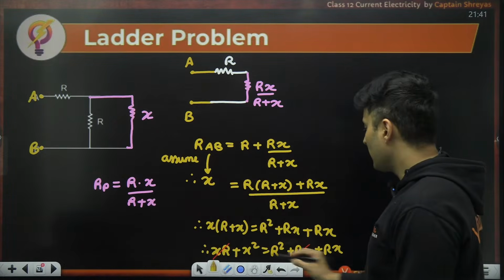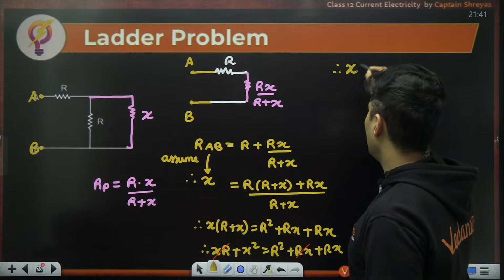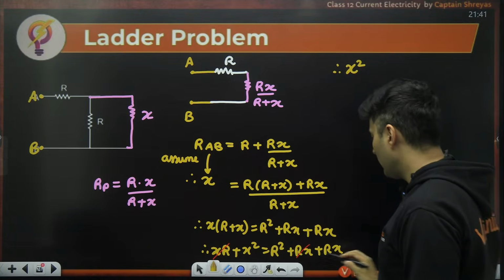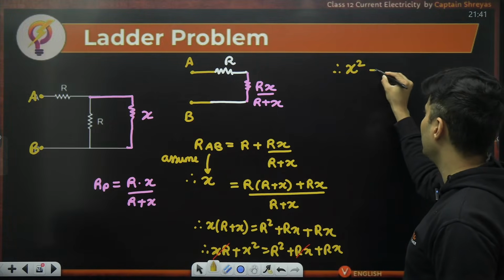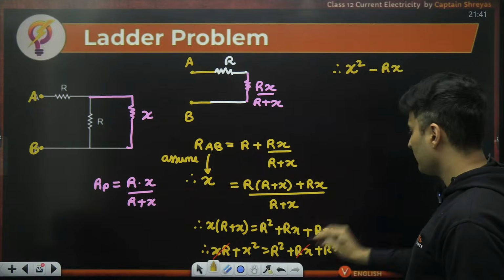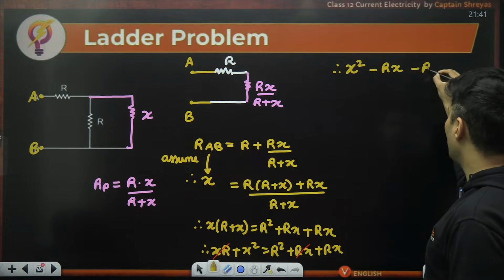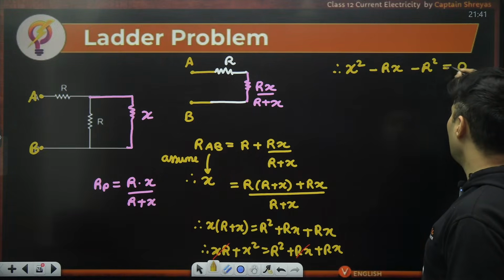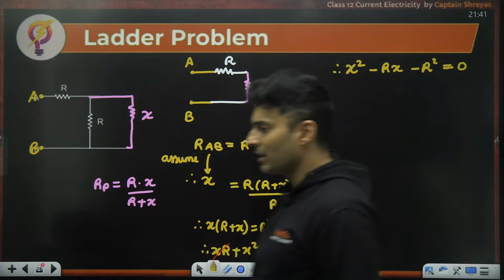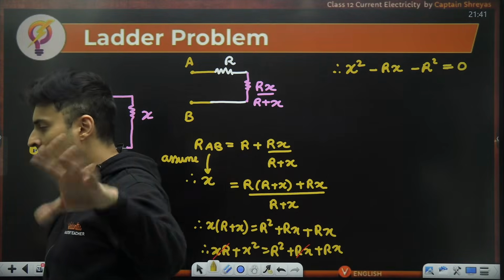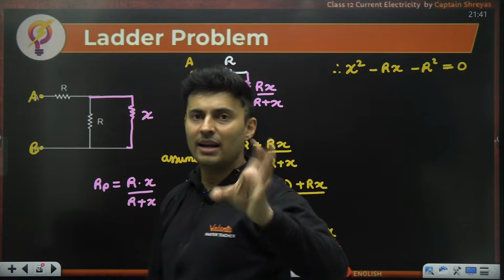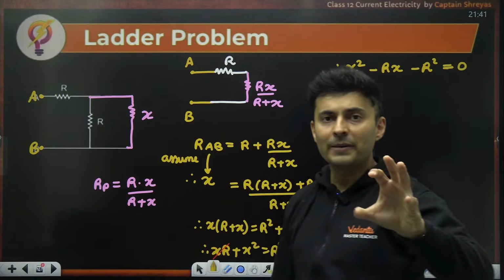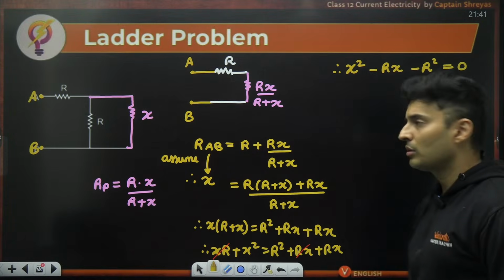So here X square is there, so it looks like a quadratic equation. X square, I keep it as it is, bring that Rx to this side, so minus Rx, and bring R square also to the other side, equal to 0. It's obviously a quadratic equation. Can you see that? Usually these infinite ladder questions are going to be quadratic equations to solve.